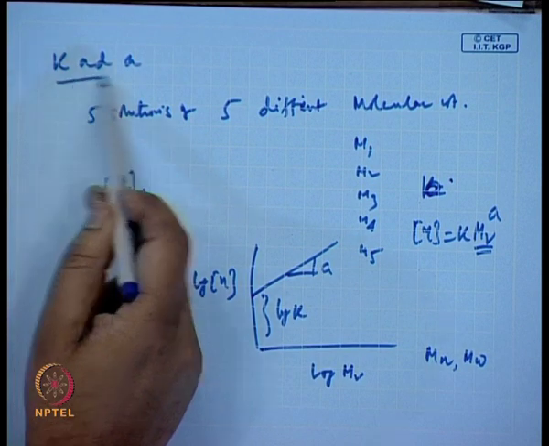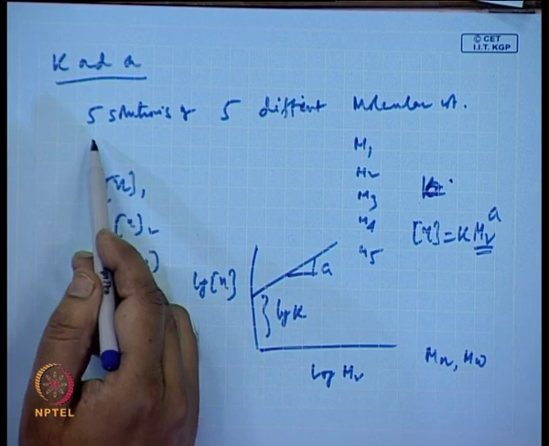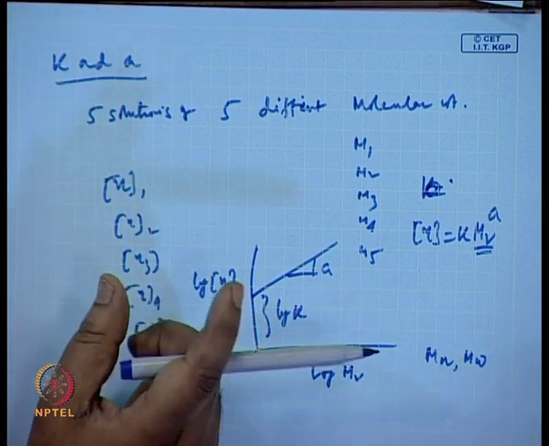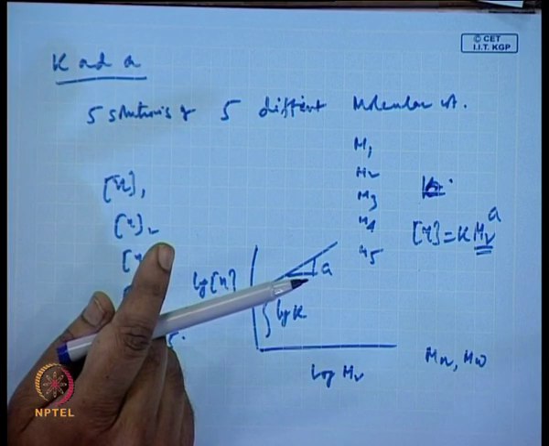So, if your K and a are not known, you need to have 5 different molecular weights of that polymer, where the molecular weights are known by other absolute techniques, and the samples should be very narrowly dispersed, so that Mn or Mw can be equated to Mv. That is the reason it is a relative method, not an absolute method. You cannot determine Mv for an unknown polymer as such.